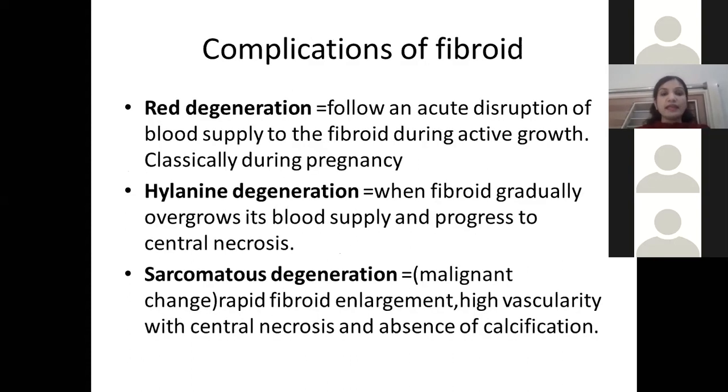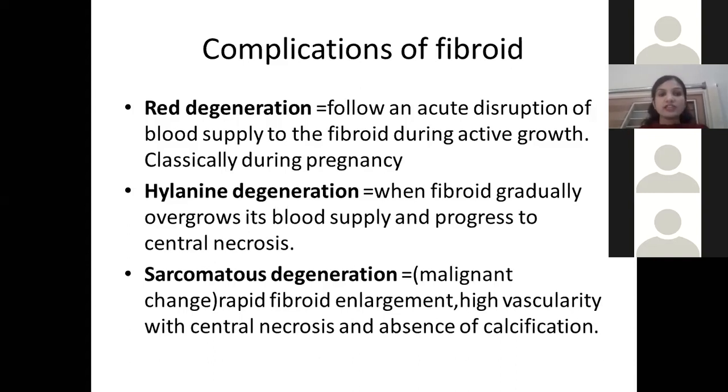Okay, now there may be some complications of fibroid. It doesn't mean that this complication can happen in every patient, but it can. The red degeneration, hyaline degeneration, and sarcomatous degeneration. Okay, now what is the red degeneration? The red degeneration is when there is acute disruption of blood supply to the fibroid during active growth.